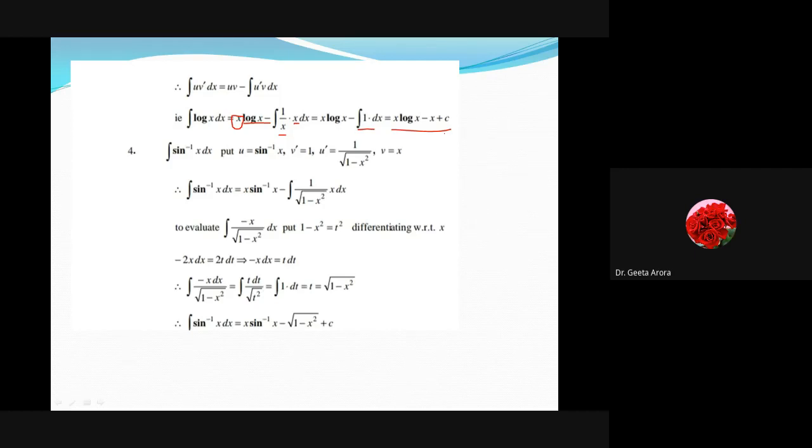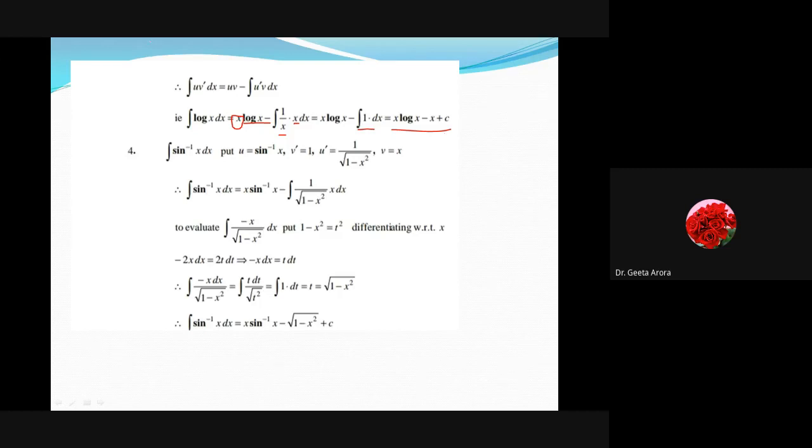Yeah, the second example, if you can see, is sine inverse x, and here also we have followed the same strategy: sine inverse x is taken as the first function, and the second function we are taking as 1. So first function into integration of second minus differentiation of first into integration of second. Correct?